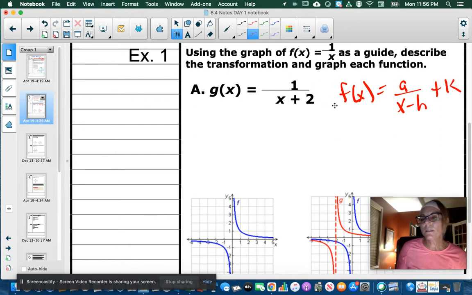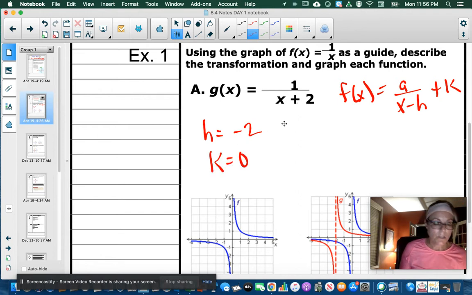There's no plus or minus k, so we're not going up or down, but there's something attached to the x, and it's a plus 2, which means to the left 2. So we know h is, in this case, negative 2, because it's always x minus whatever h is, so x minus a minus is the plus. K is 0, so we are going to the left 2.